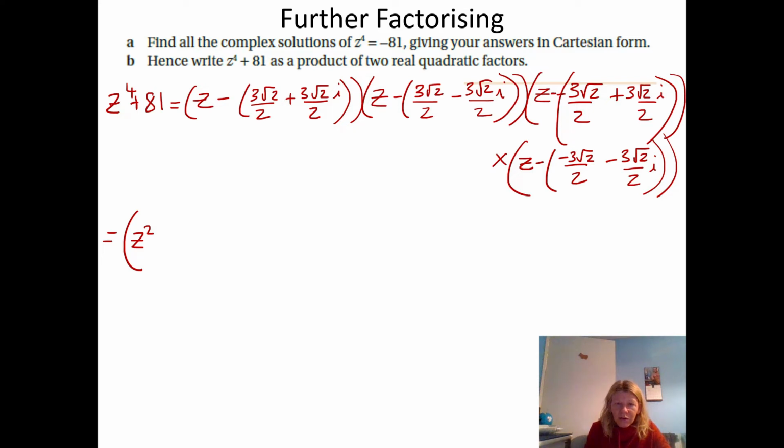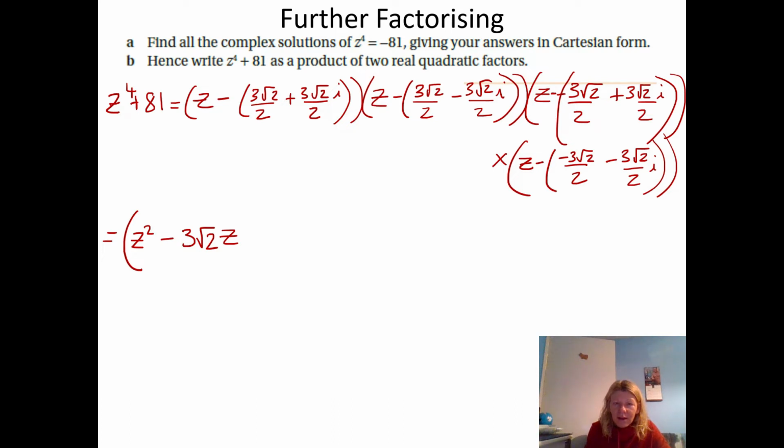So what we end up with is minus 3 root 2 z, over 2 but twice, so it's now over 1.